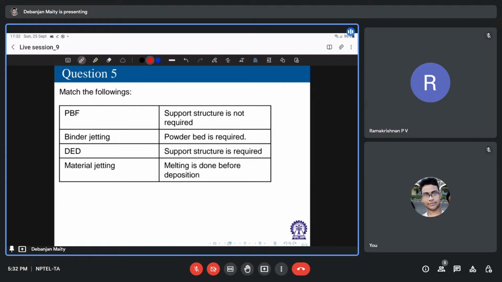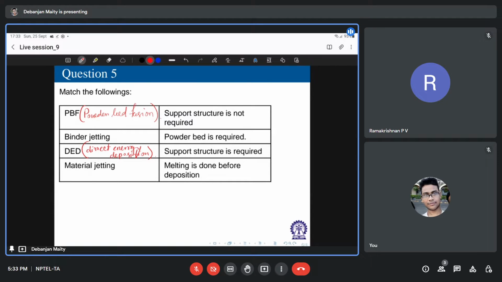PBF is basically powder bed fusion, and then you have binder jetting, then you have material jetting, and then something called direct energy deposition.